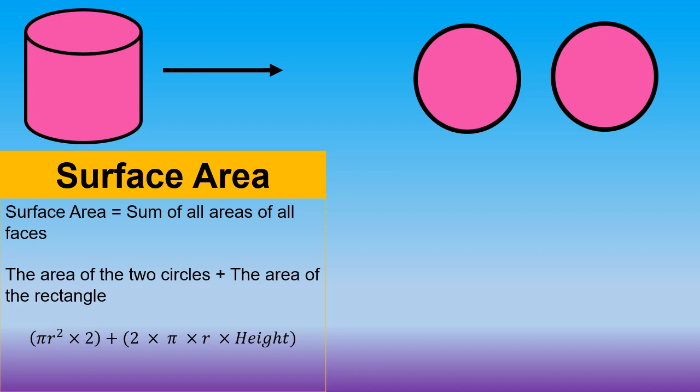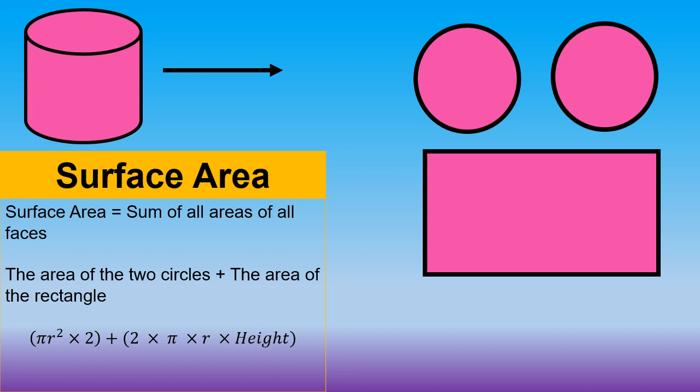If it's an open top, then it consists of one circle. And obviously then the rectangle. So you've got the top circle, the bottom circle, and your rectangle. The area for the top circle will be pi r squared, as well as for the bottom circle. So you can work out the area of one circle and then just times your answer by 2.